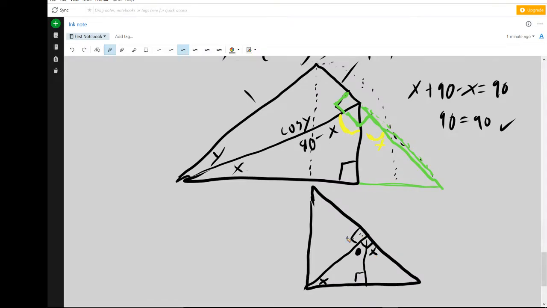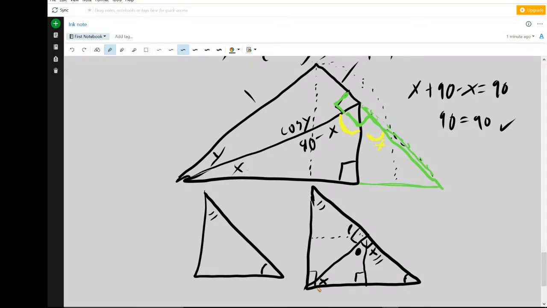If we extend here, what we've done is split this larger triangle, and again, we'll draw it a third time right here without any of these cuts. This angle right here must be congruent to this angle. This angle all the way up here must be congruent to this one, which is also the same as this angle.